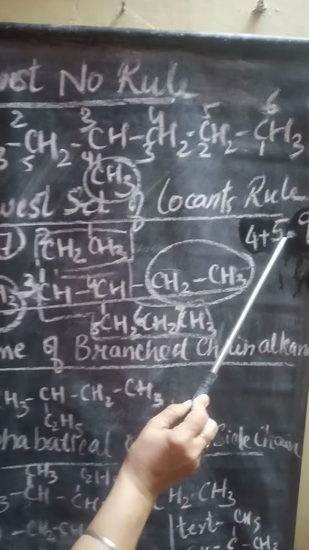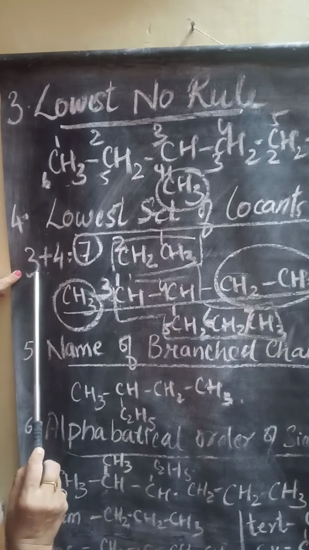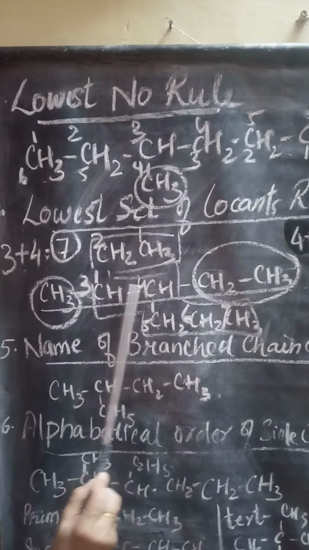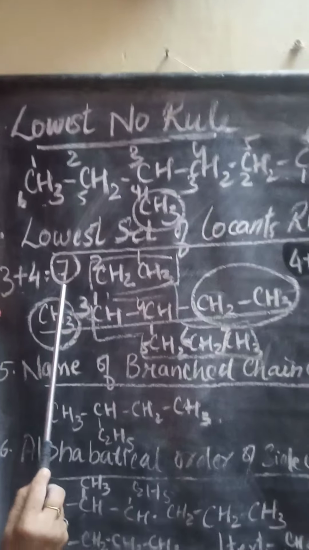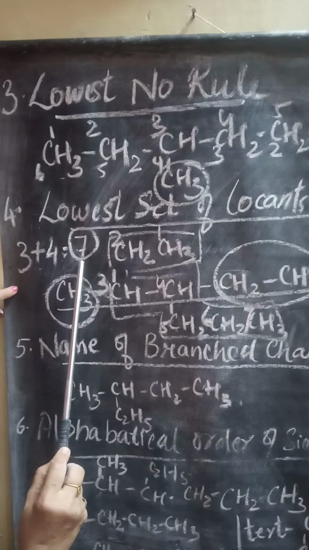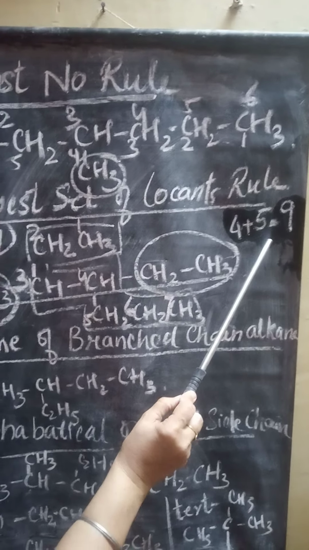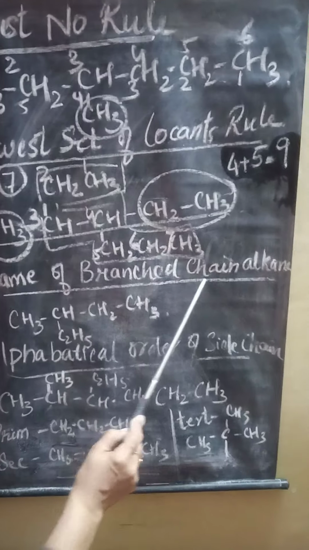So when we count the two, numbering from this side, the locants, that means the positions of the substituent groups, after addition, the sum which is coming lower will be selected, and the sum which is coming higher will not be selected. That will become wrong.